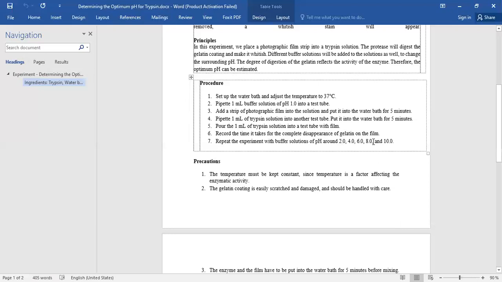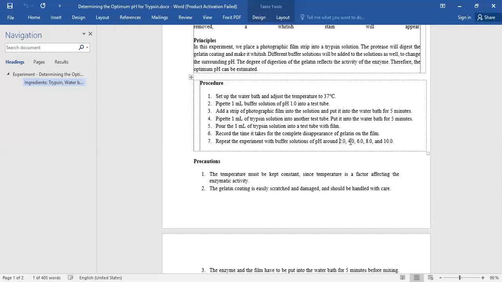Suppose it is converted in 5 minutes at pH 2, and at pH 4 it takes 10 minutes, then we can indicate that pH 2 is the optimum pH. The optimum pH is the pH at which the enzyme takes less time for the digestion of the gelatin.